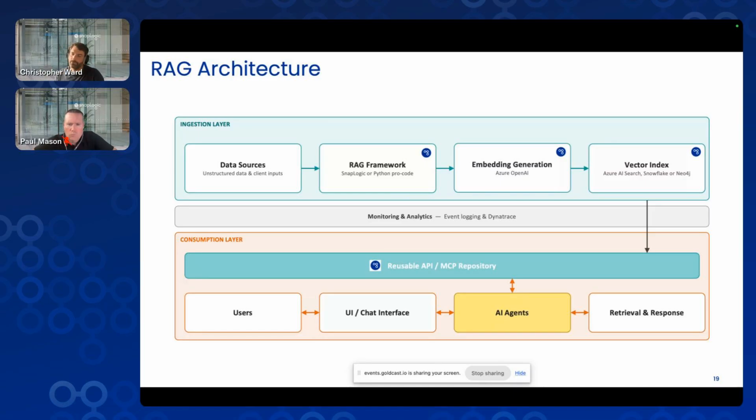We see in the middle there we've incorporated a monitoring and analytics layer as well with Dynatrace. So when the ingestion layer runs, the team can see really clearly if there are any failures, success patterns, etc.